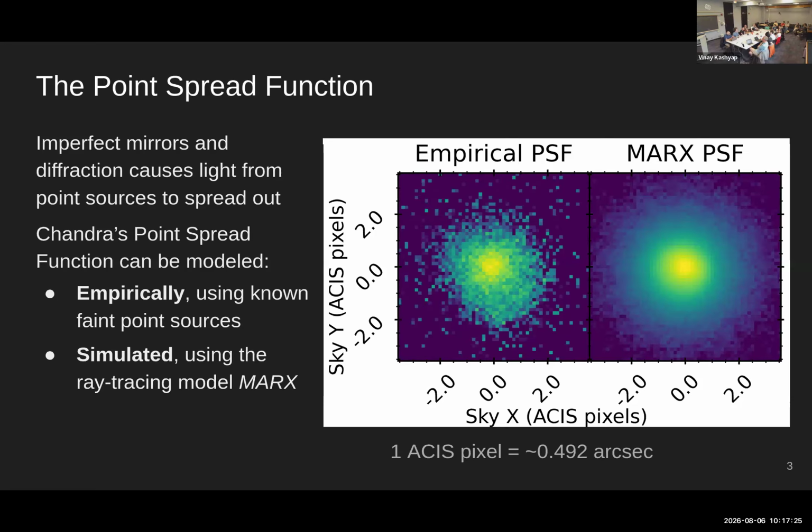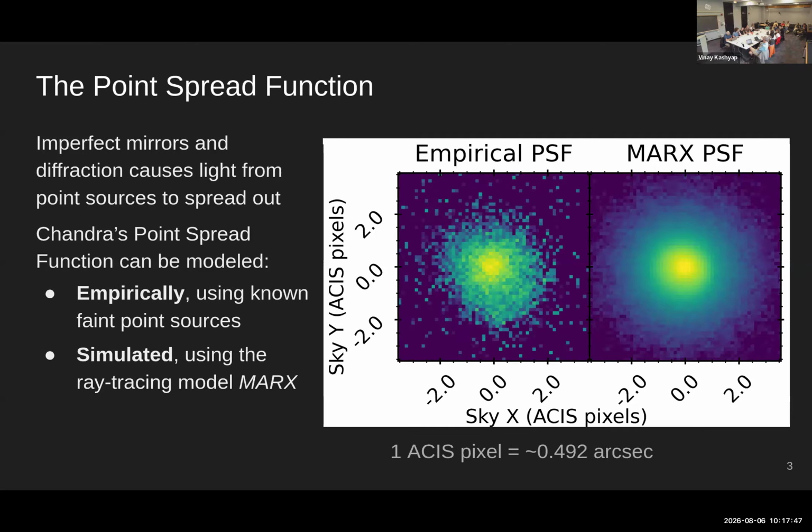Okay. Yes. With every observation, and I'll get to this in later slides, you are also recording a proxy of the energy of each of the photons. So the PSF must depend quite strongly on the energy, right? Not strongly. It does depend a bit.